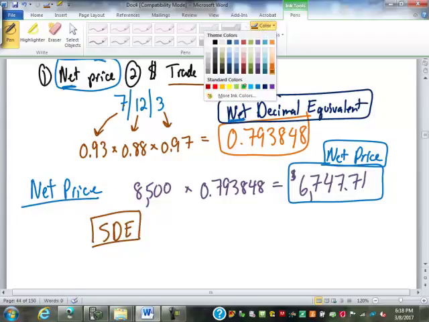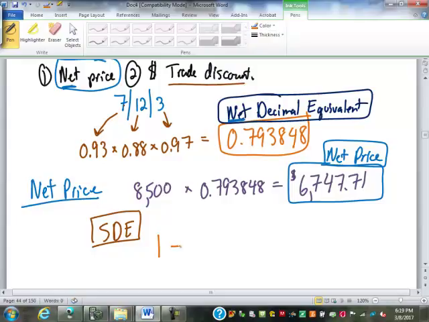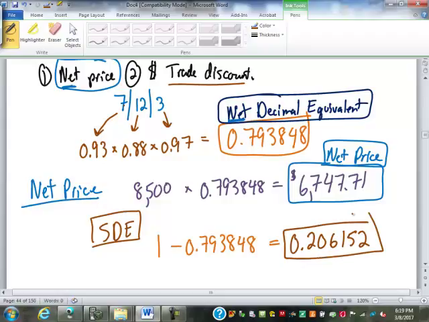And we find that by doing 1 minus the net decimal equivalent, 0.793848, which is going to give us 0.206152. That is our single discount equivalent.